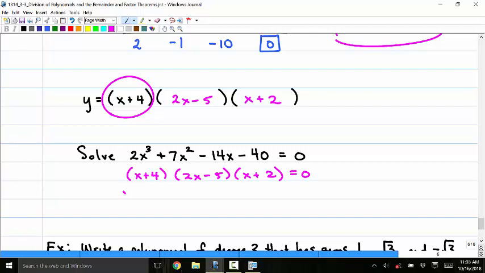If I set each of those factors equal to 0 and solve for x, I get x equals negative 4, x equals positive 5 halves, and x equals negative 2.